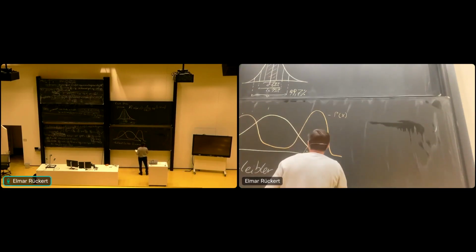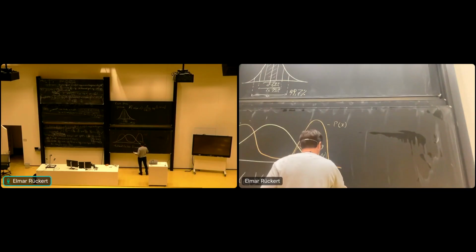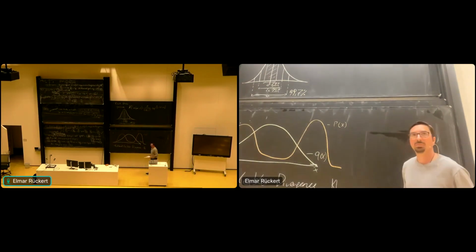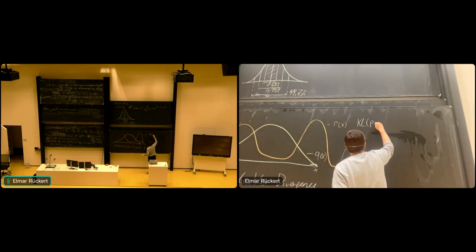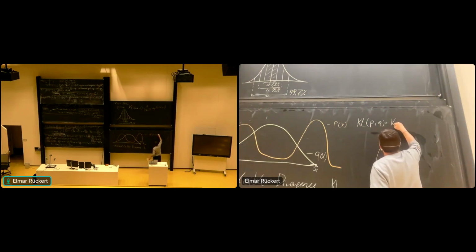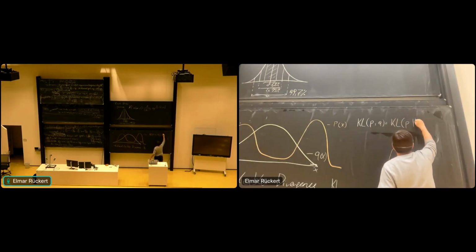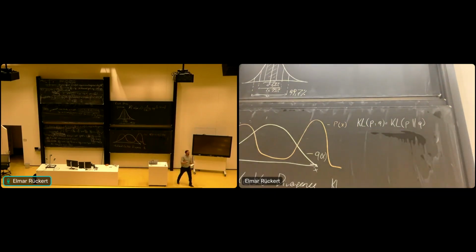The shortcut is KL here, KL divergence. So the KL of P and Q sometimes is denoted by this notation where you have the KL of P and then these two lines, Q, to denote the distance measure here of these two distributions.